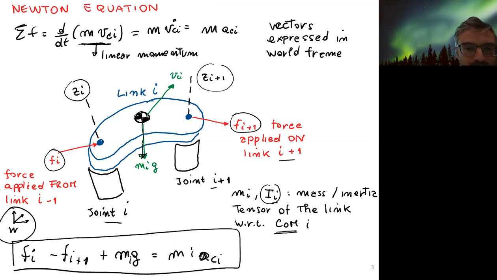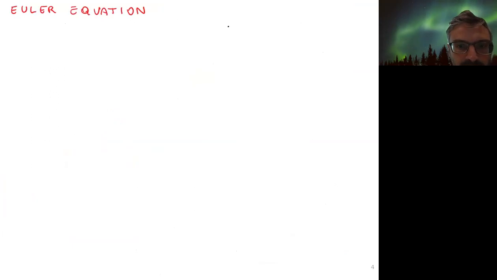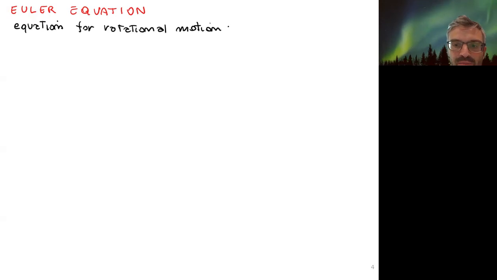Now the thing gets complex if we move to the angular motion of a rigid body. The equation that describes the balance of moments for the rotational motion of a rigid body is the Euler equation.